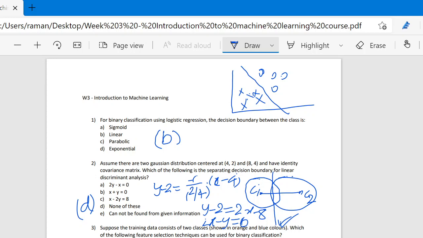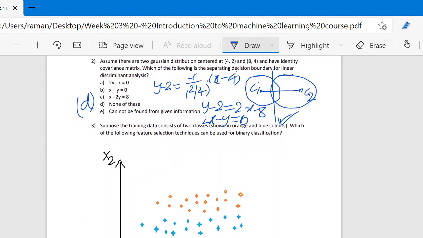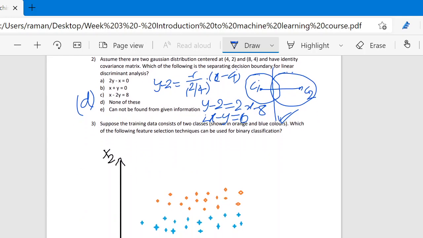Let's go to question number 3. Suppose the data consists of two classes shown in orange and blue colors. Which of the following feature selection techniques can be used for binary classification? Here we can see the spread is along the x-axis.